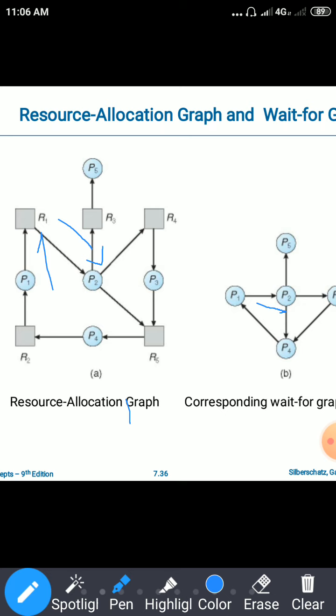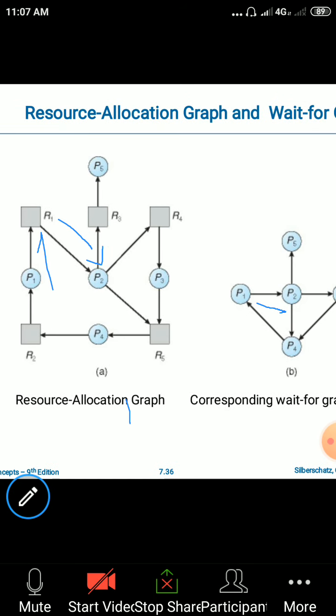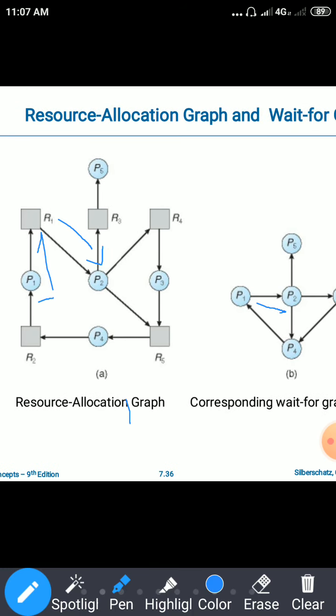In general, if there are two edges from Pi to Rj and Rj to Pj, then there is an edge from Pi to Pj. Here let us consider P1 and P2 as Pi and Pj.